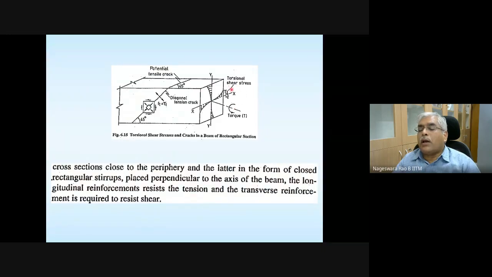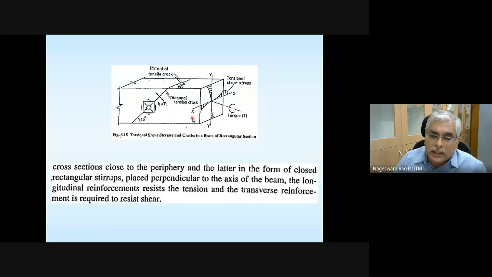So this is a torsional shear distribution on a rectangular cross section, and based on this shear stress, you can take a small element and find principal stresses and then principal directions. You can notice that because this is subjected to pure torque, you are going to have only shear stresses, no normal stresses.